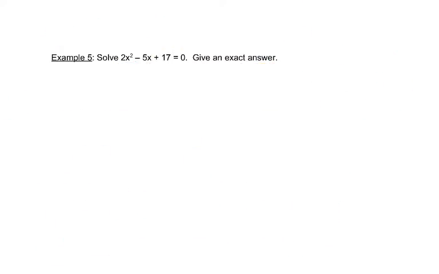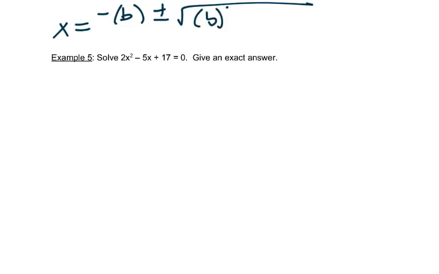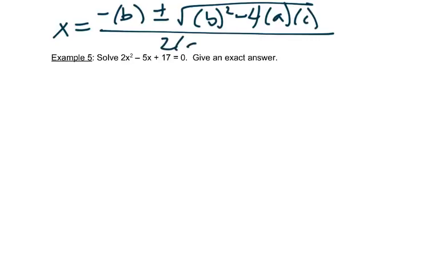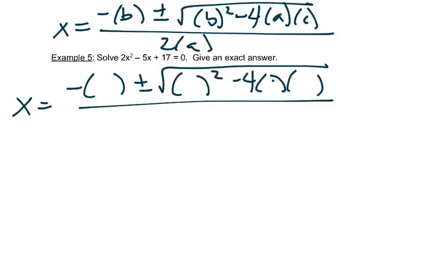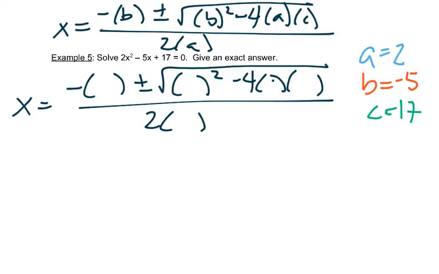So let's look at this one. This again is already in standard form. I'm going to write the formula on the top of the screen again. And then I'll write it with the parentheses empty. Okay, and we know that A is 2, B is negative 5, and C is 17.